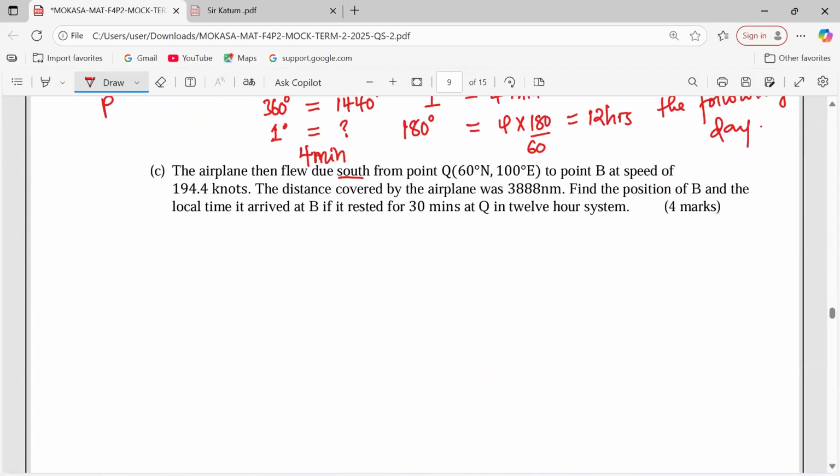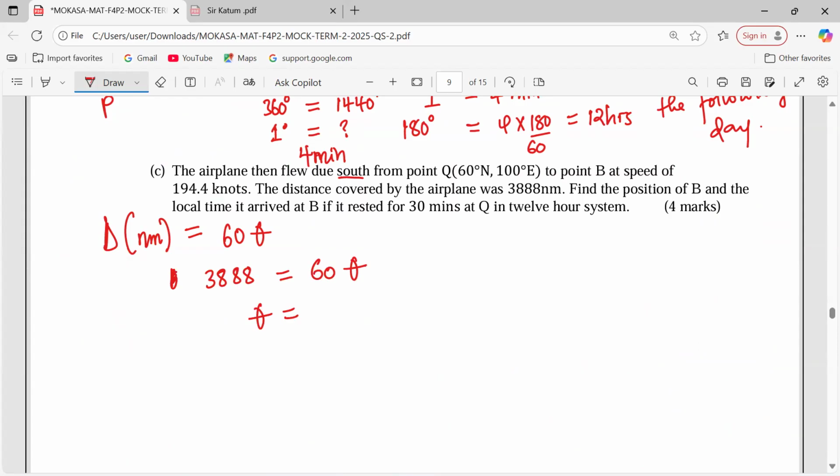So we can get the angle, because distance in nautical miles along a great circle flowing southwards, along a circle of longitude, is usually given by 60 times the angle difference. So a distance of 3888 equals 60 times the angle difference, which is not known.